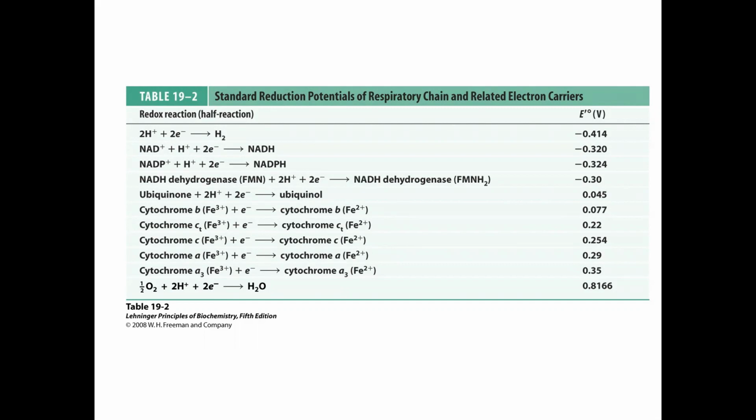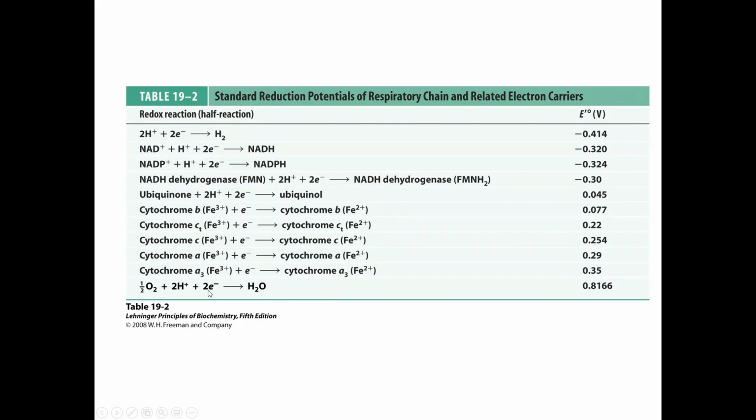They're showing you a bunch of reduction half reactions here. You can see all half reactions are written in the form of reduction. This is how the convention is now.